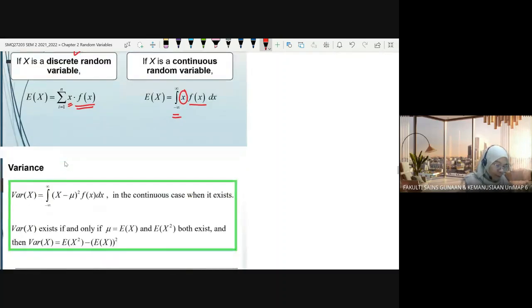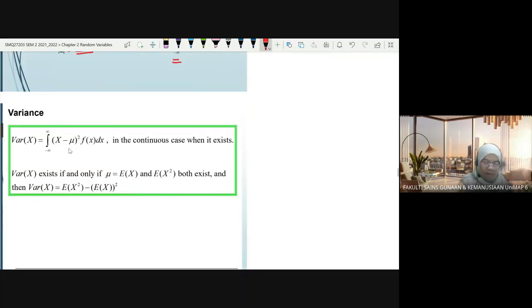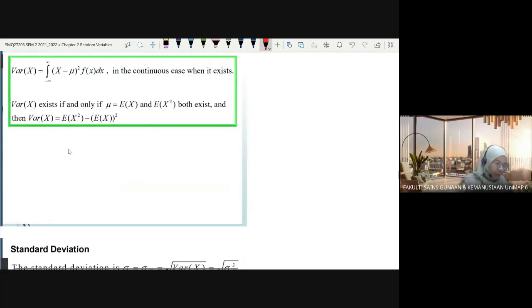That is the simplest way to find the mean of a continuous random variable. What about finding the variance? It is also the same. Find E(X squared), find E(X) and square it, then subtract, and you can find the variance of x.